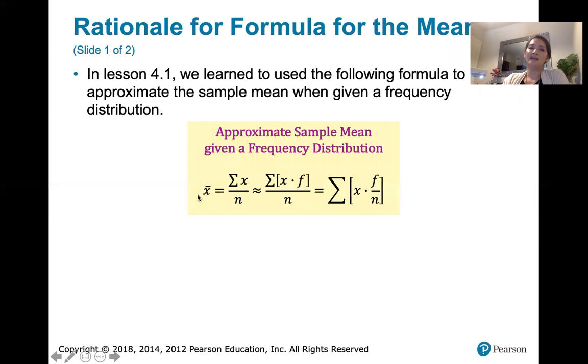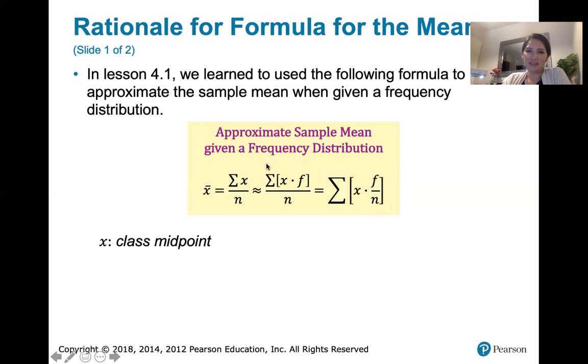Now remember, the sample mean is the sum of all of the x values you have divided by the sample size. Now we said that if we had a frequency distribution, so we don't actually have the data values themselves, we could approximate the value of all of the x values in a particular class by that class midpoint x.